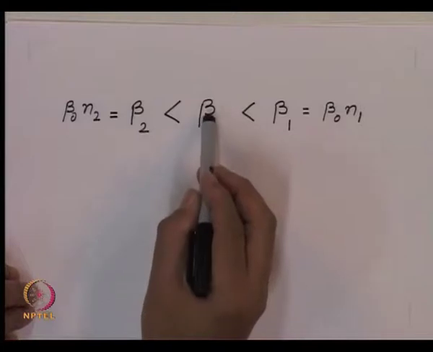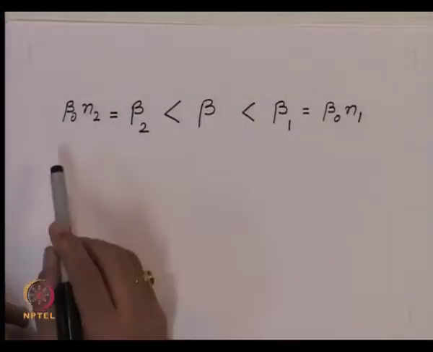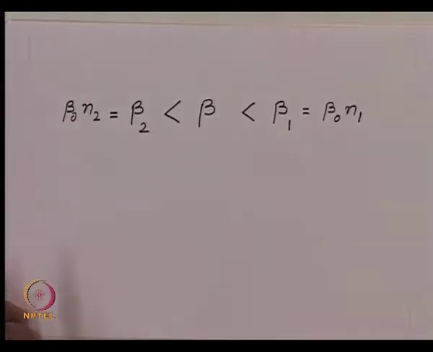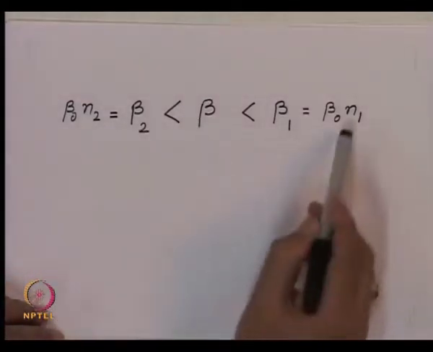So now if I get the phase constant beta, and if I divide this quantity beta by the free space phase constant, which is beta naught, we get a number which would lie between n1 and n2.